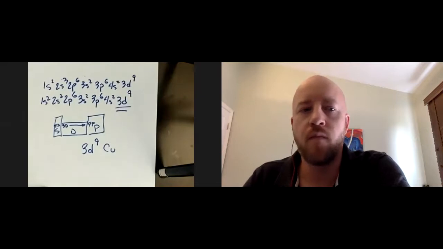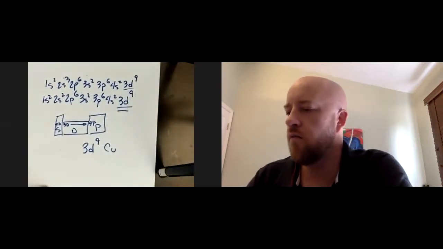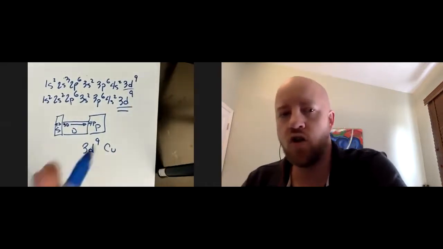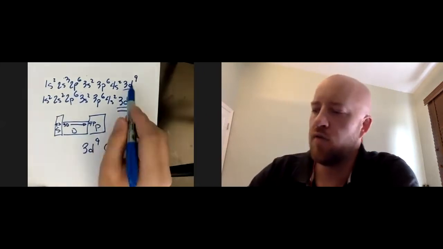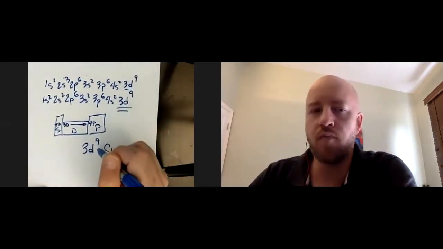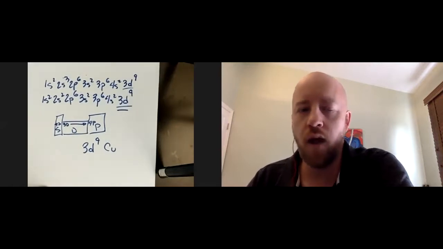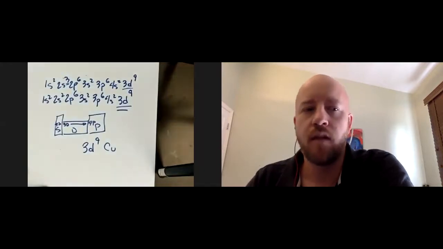If we had two choices here, both of them end in 3D9. So the last one is where you start. That helps you to narrow down your choices. But if both of these are 3D9, they both would be representing copper. So the question is then, which one is drawn right? And what you'll often see are errors in the electron configuration code as it's written.